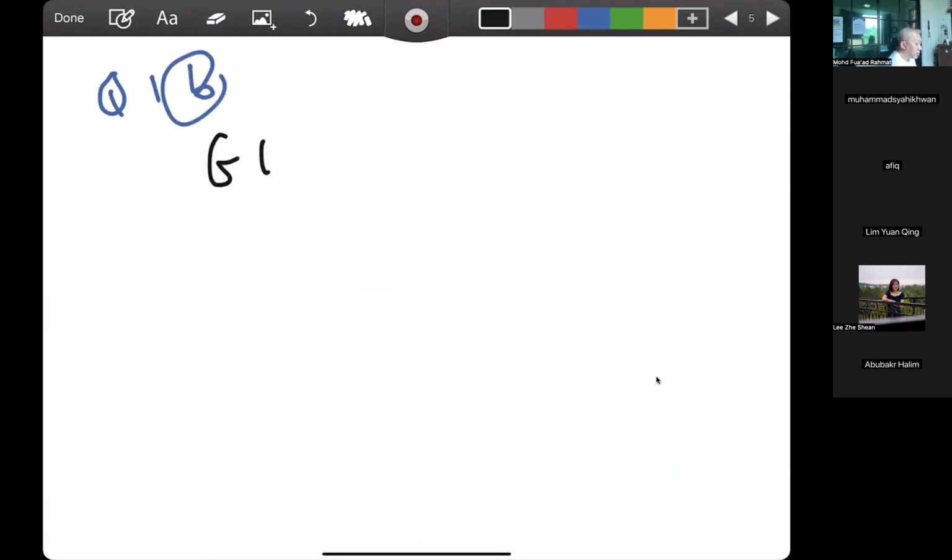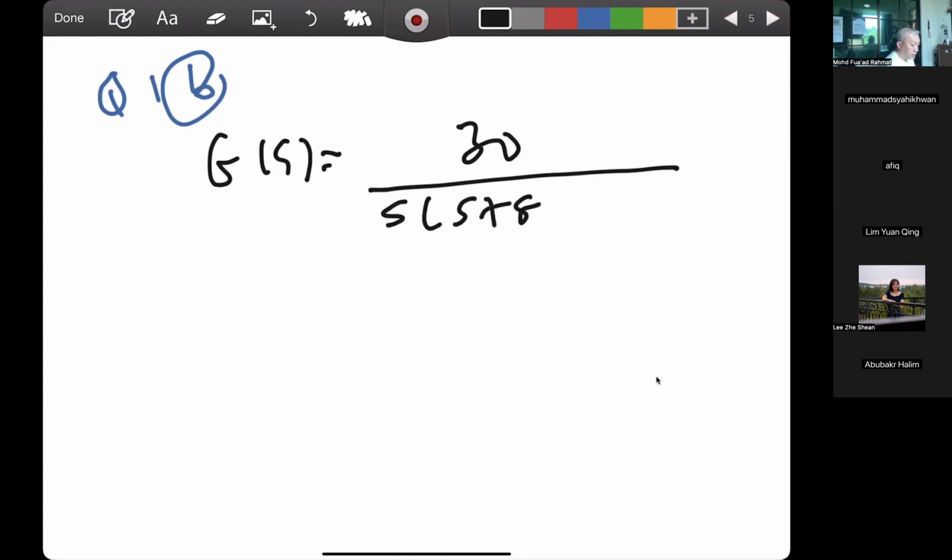So G(s) is 30 over (s plus 8)(s plus 200). Bode plot given.